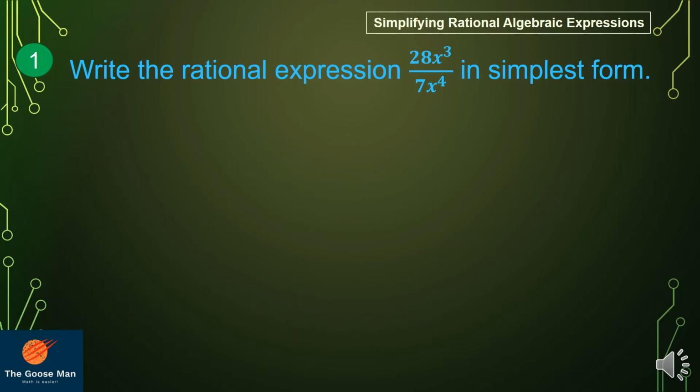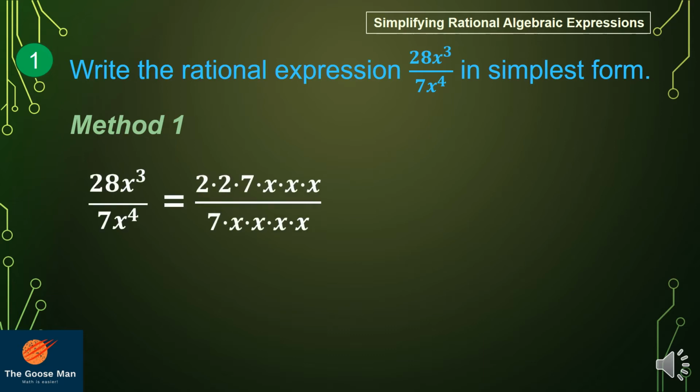Now let's move on to the next example. Write the rational expression 28x cubed all over 7x to the fourth in simplest form. Again, we will have our method number 1, meaning we will factor the numerator and denominator. I have here 2 times 2 times 7 as the factors of 28. Then we have x times x times x as the factors of x cubed.